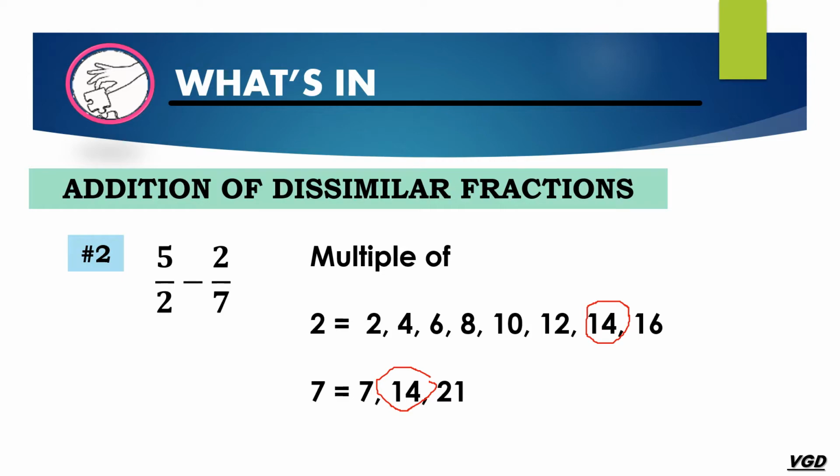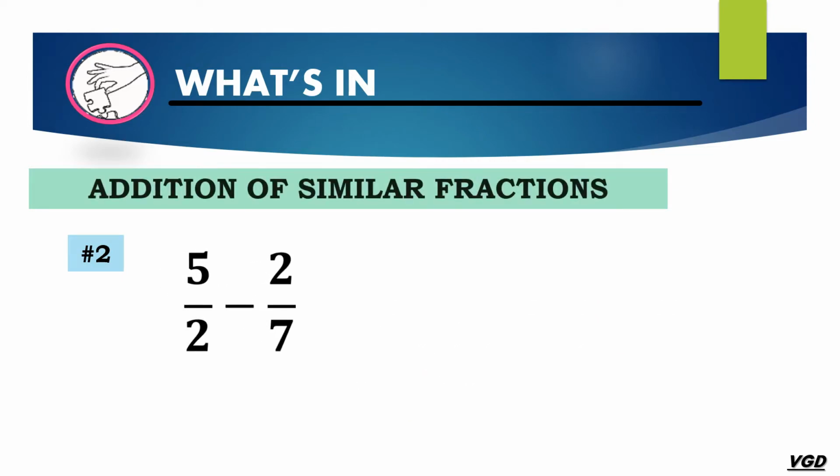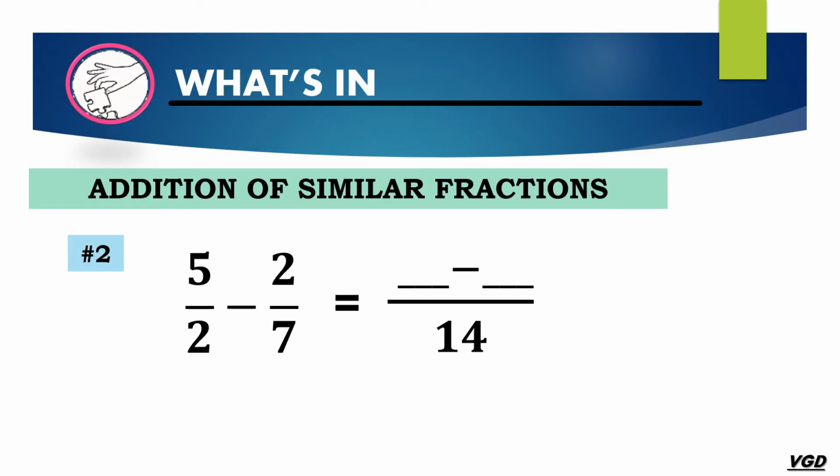Now let's evaluate. So we just have to put our LCD in the denominator and copy the operation, which is subtraction, and then evaluate the numerator. So 14 divided by 2 is equal to 7 times 5 is equal to 35.